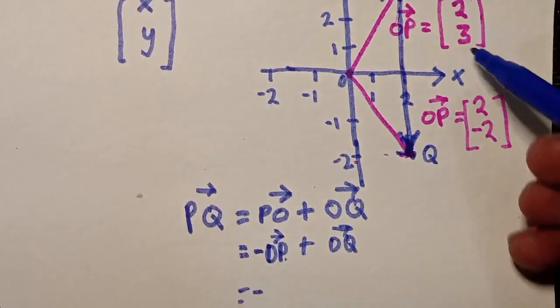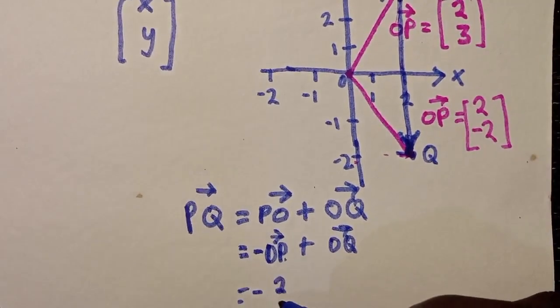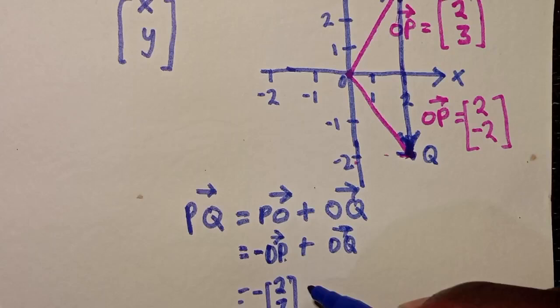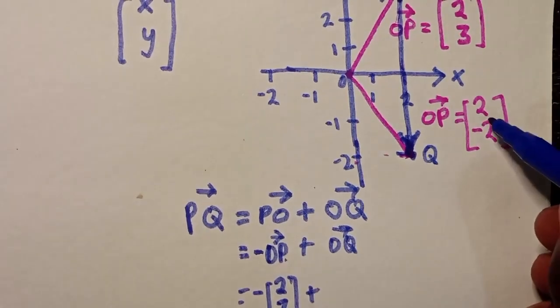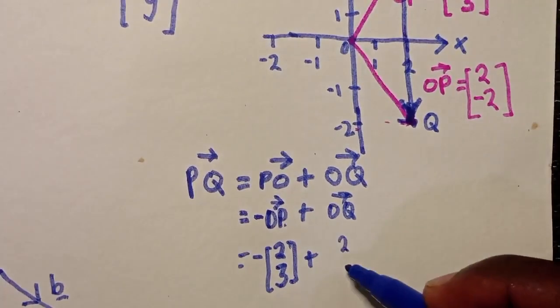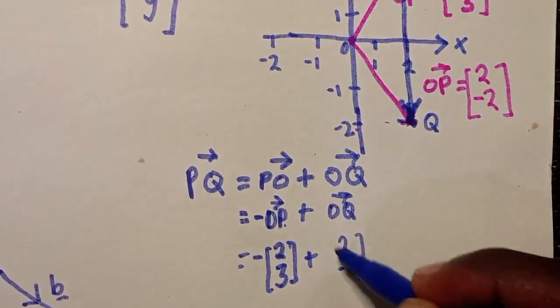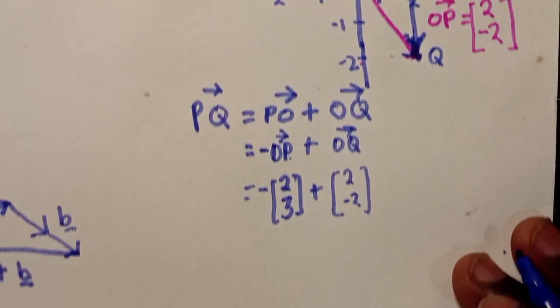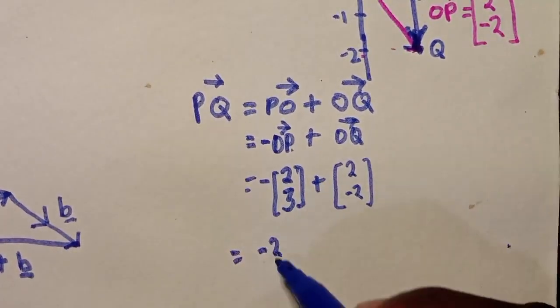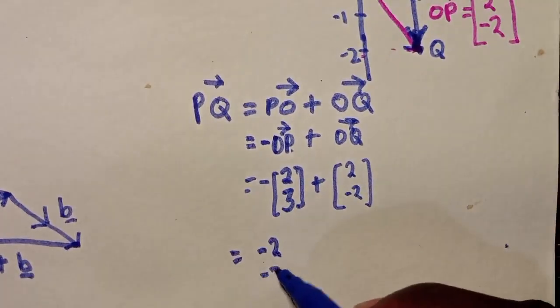Vector OP it is 2, 3, not 2 over 3, but 2 and 3. Then plus, what is OQ? OQ it is 2, negative 2. And then this is going to be negative 2, negative 3.